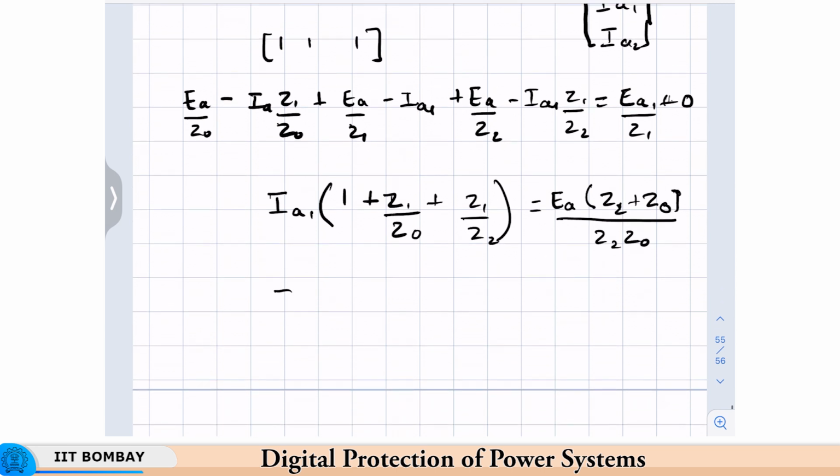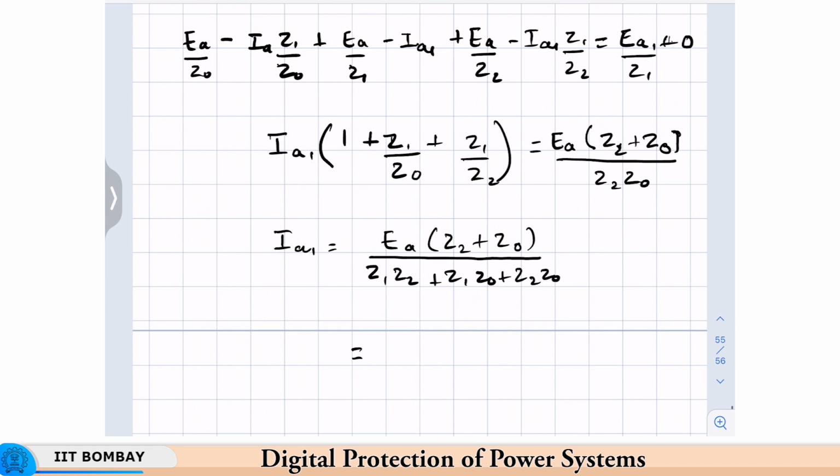So, IA1 in this case is equal to EA upon Z2 plus Z0 upon Z1 Z2 plus Z1 Z0, we are just opening out the terms and multiplying, plus Z2 Z0.